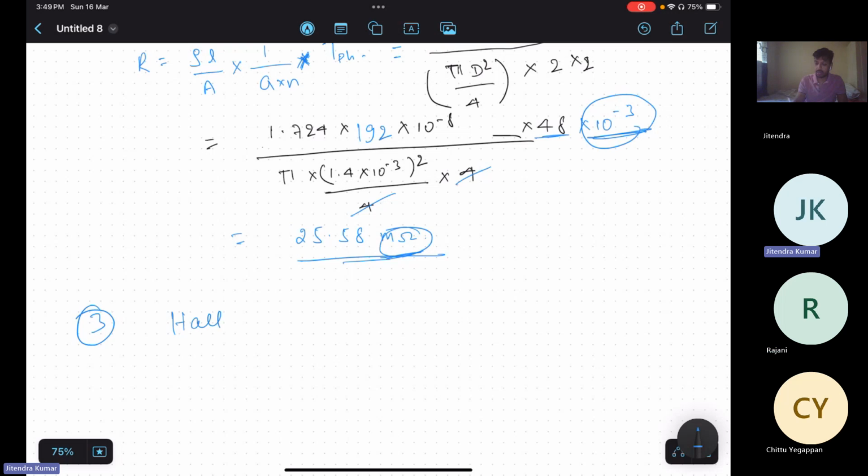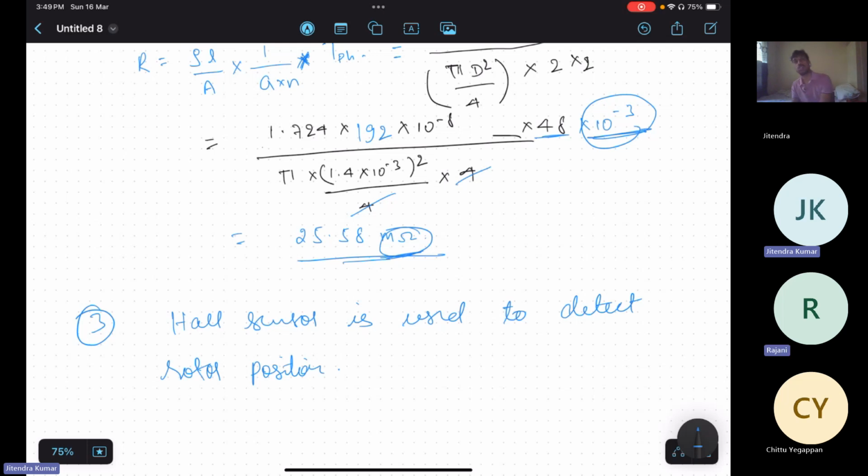Hall sensor is used to detect rotor position. Almost all brushless motors have this Hall sensor or position sensor, but generally Hall sensors are preferred because of their current sensing capability, right? So Hall sensor is used in measuring the rotor position.